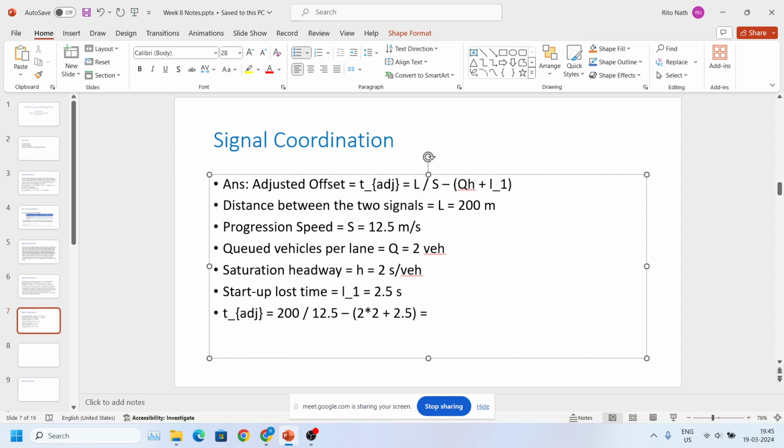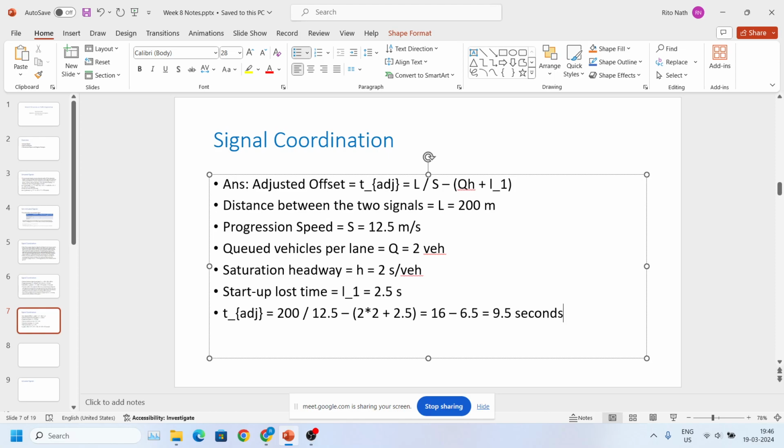So 200 divided by 12.5 is 16, minus 4 plus 2.5, that's 6.5. So that gives you 9.5 seconds. That's your T adjusted.